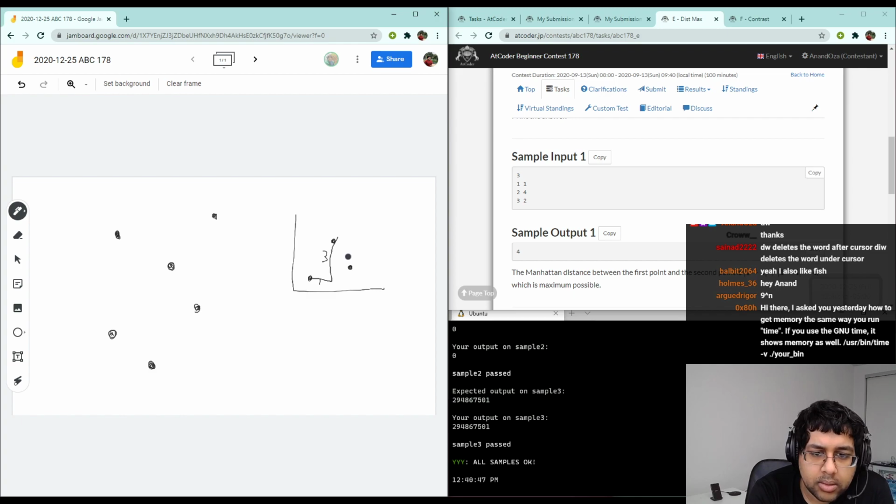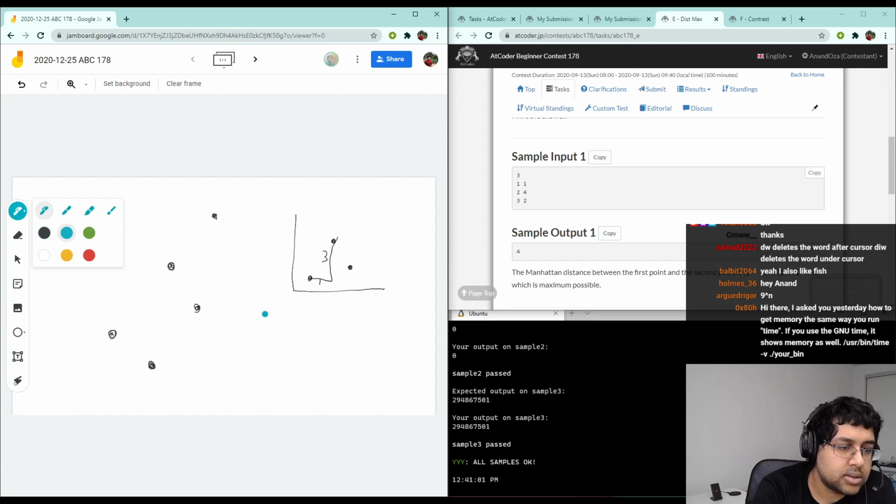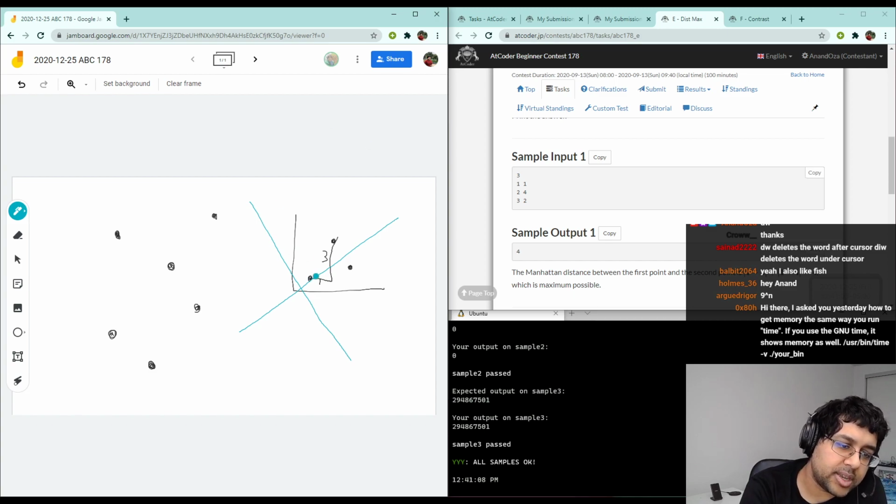So that's the maximum answer. Okay. So I think here we want to do a transformation of coordinates. If you imagine having diagonal coordinates like this, now the Manhattan distance is just your distance along this coordinate or this coordinate, whichever one is greater. Is that right?